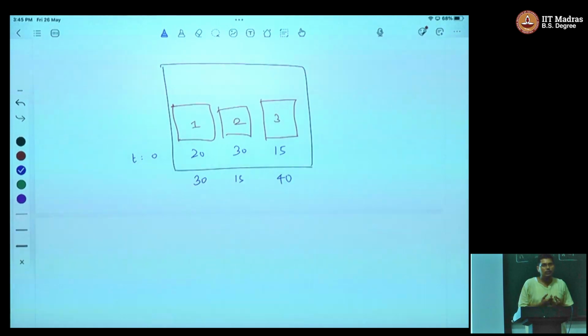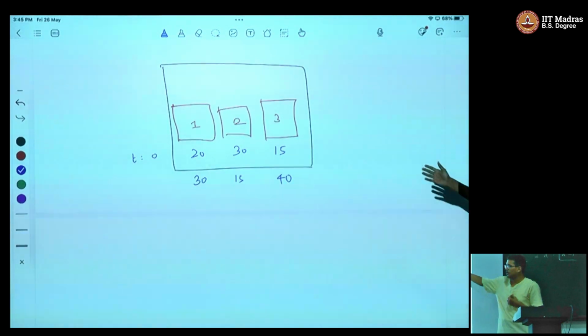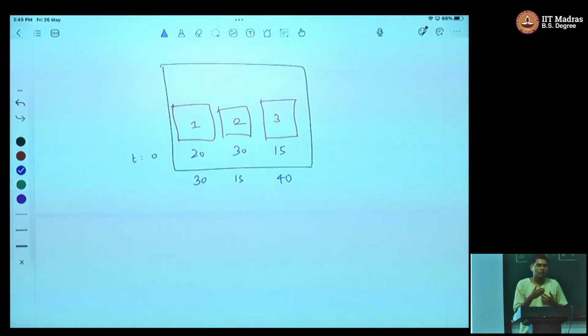So I will keep track of the historical data, and every time I will do what is known as an epsilon greedy strategy.